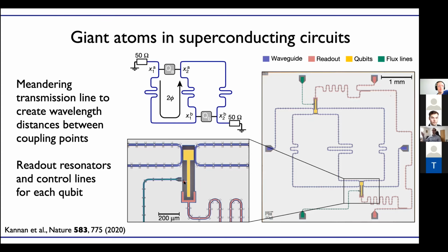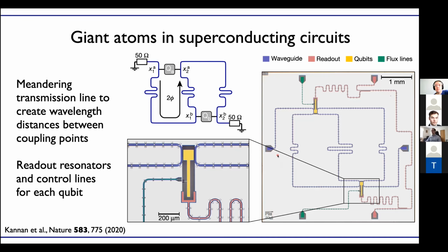So you can tune the resonance frequency of the qubit, which means that in a way you're tuning the effective distance between coupling points, because the transition frequency sets the wavelength of the radiation that you're interested in.